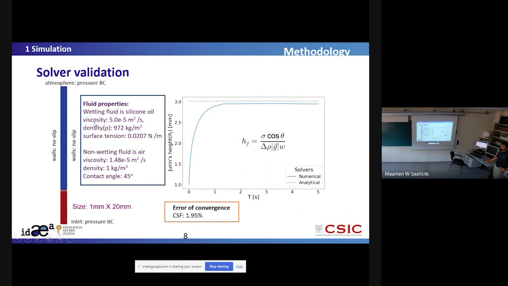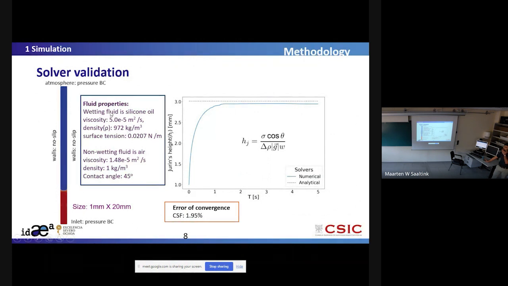And we use a fluid that is 10 times as viscous as water and has a surface tension about a third of water's.